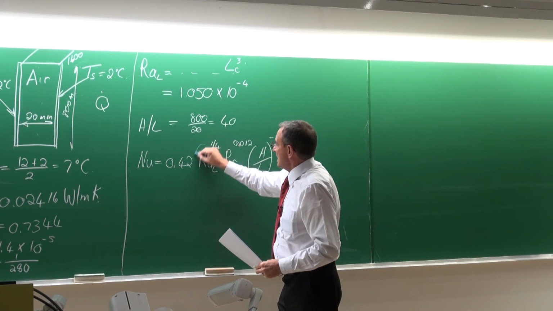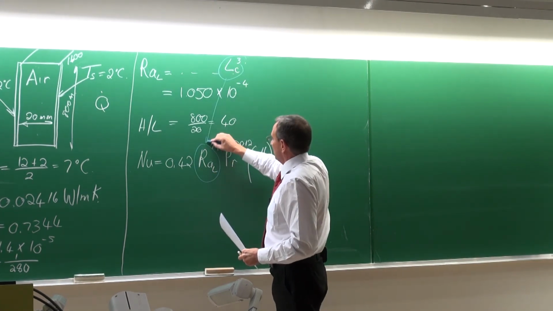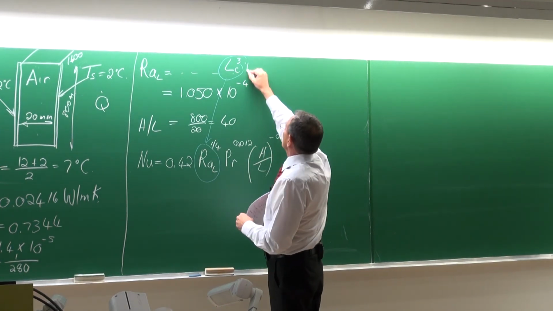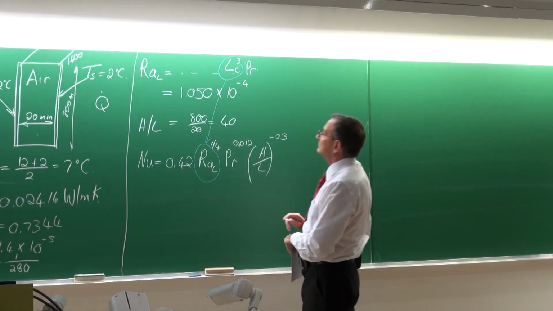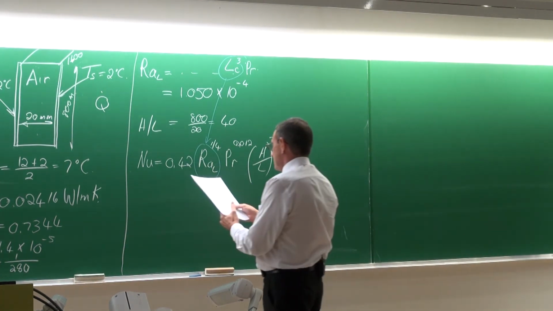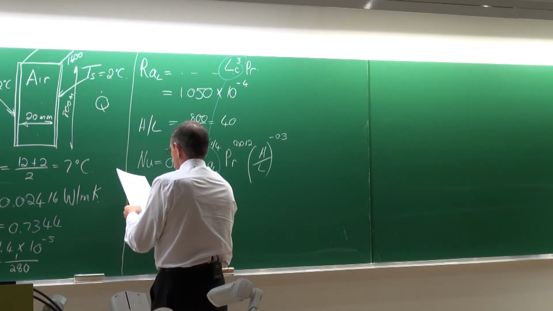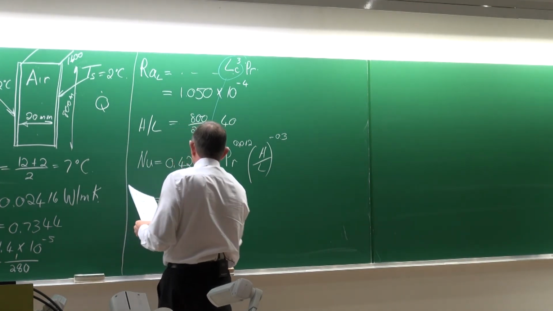Here you can see the Rayleigh number based on the length. So there we've calculated it, we've used the length. So there will of course be a Prandtl number there. We're going to put it in there, and then we're going to calculate the Nusselt number, which is going to be equal to 1.4.